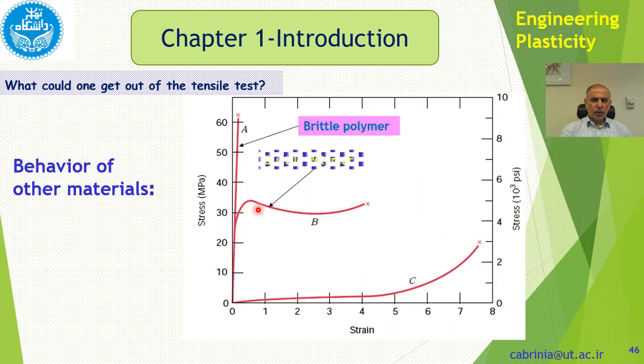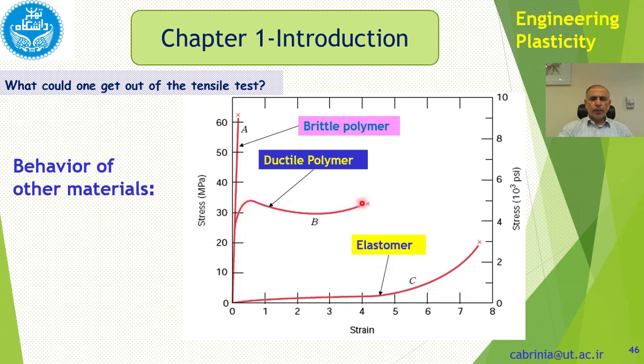Right, let's make a comparison of these different materials. This is a brittle polymer, like polycarbonate, a ductile polymer, like polyethylene, and an elastomer, like the material used in tires. Here we have a lot of ductility, but as I said before, very small toughness, the area under the curve.